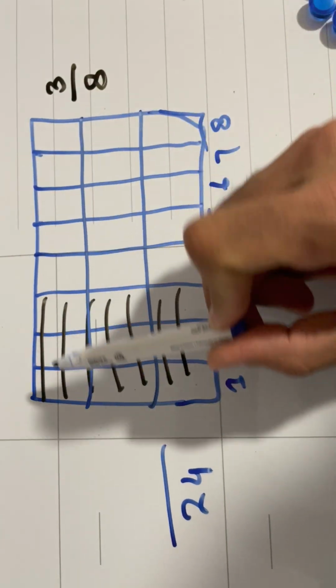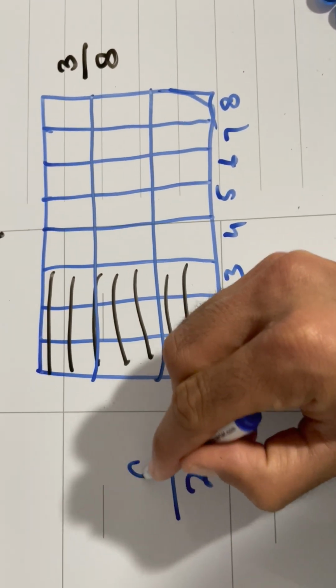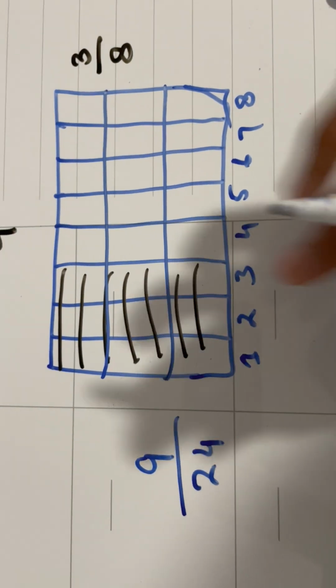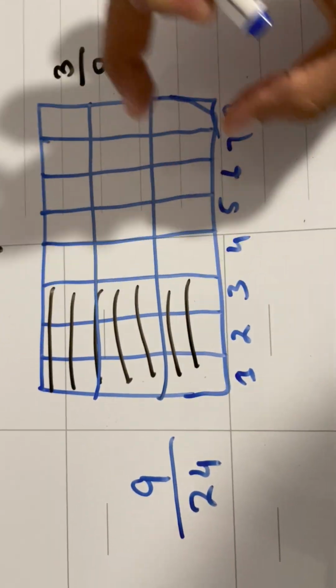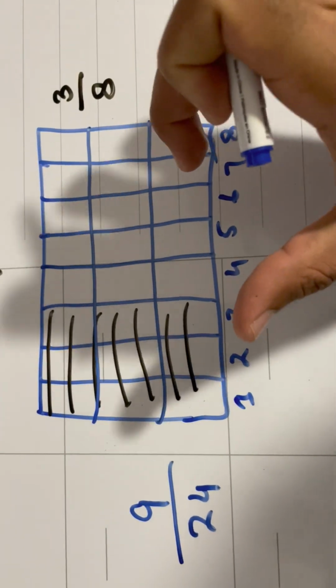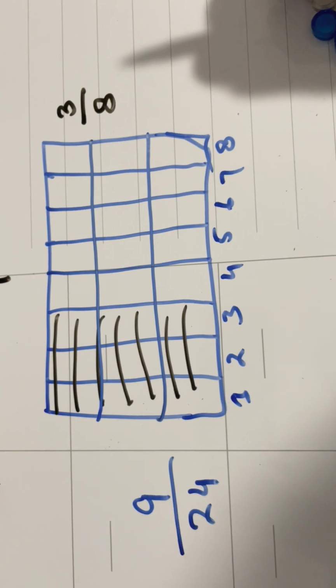How many are shaded? 3 were here, 3 here, and 3 here, so 9 out of 24. Without changing the shaded part, we increased the number of shaded and unshaded parts by dividing the whole diagram, the whole shape, into equal parts.